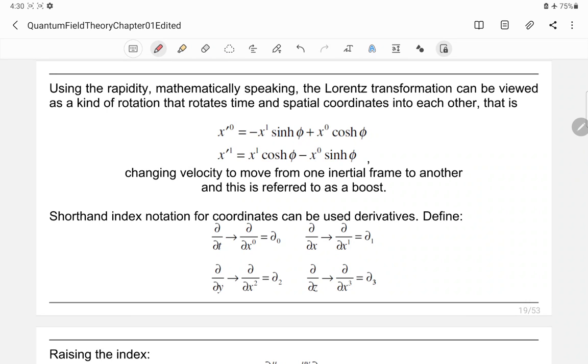Using the rapidity, mathematically speaking, the Lorentz transformation can be viewed as a kind of rotation that rotates time and spatial coordinates into each other. That is, you have this one, and this one. This is how you calculate the velocity in one inertial frame to another inertial frame. And this is referred to as a boost.